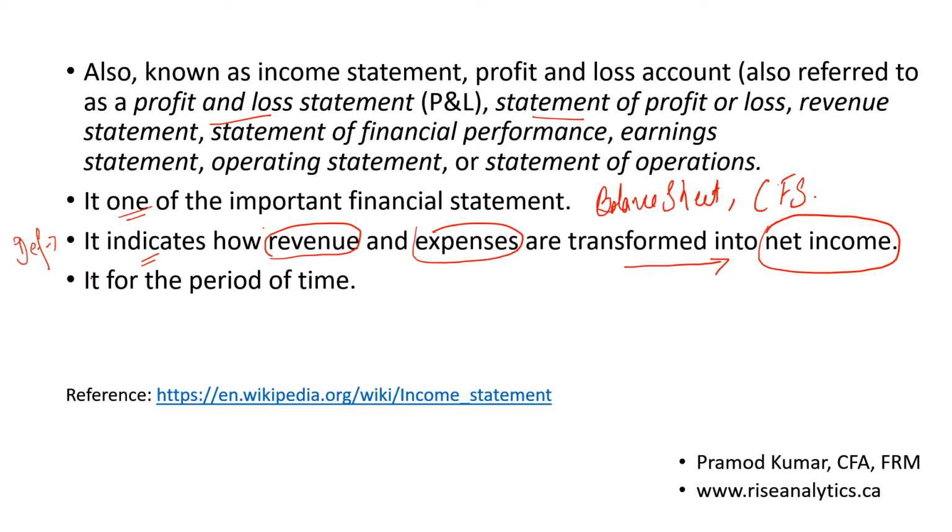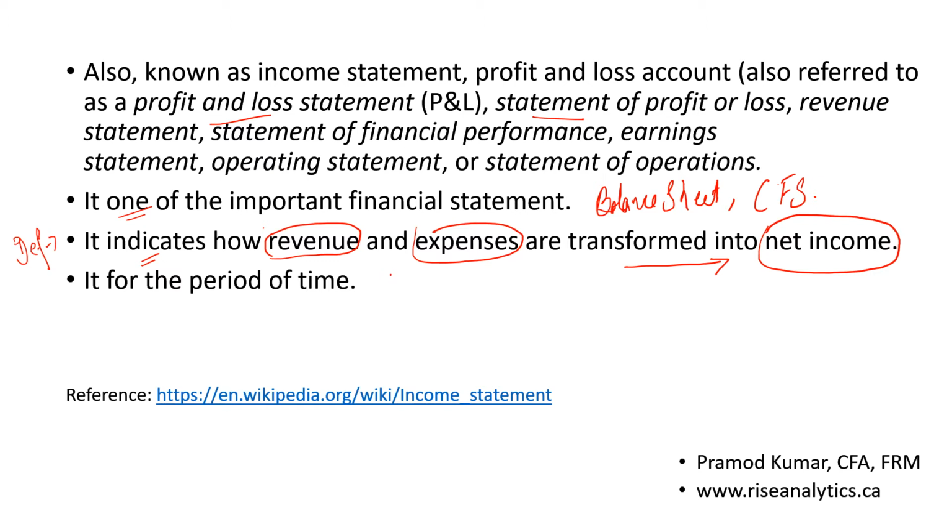So if you go on Yahoo Finance or other online websites, or the corporate section of any company website, you'll notice it's on a yearly or quarterly basis, just like the cash flow statement as well.